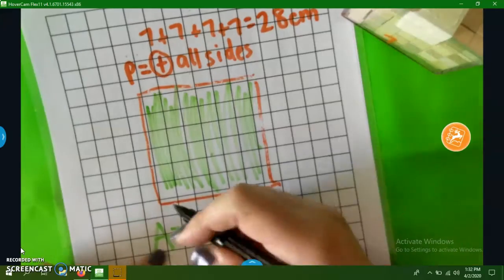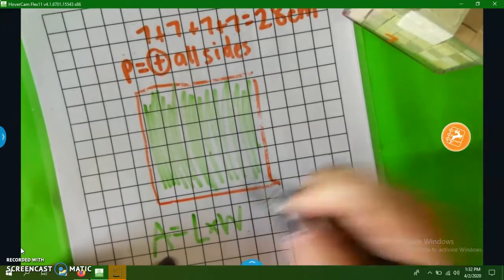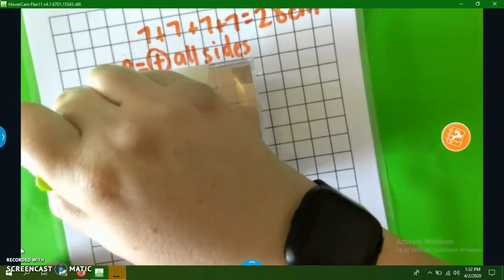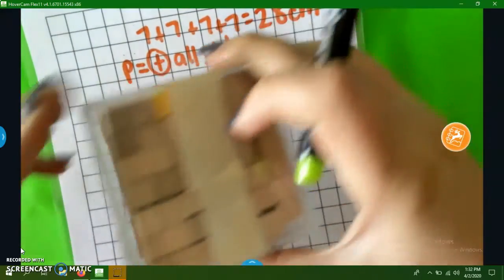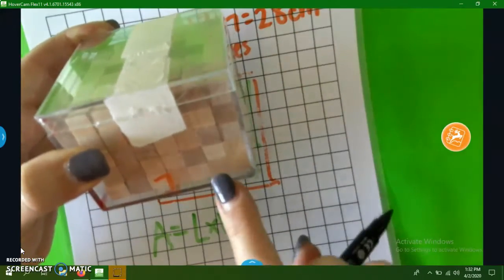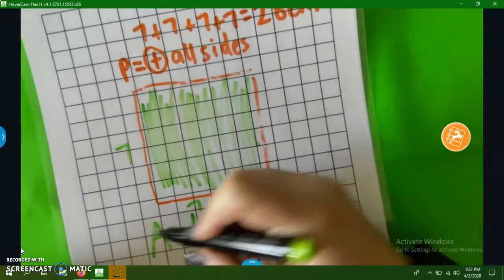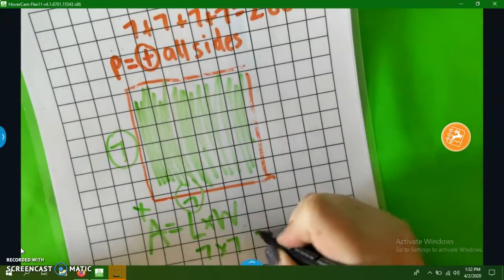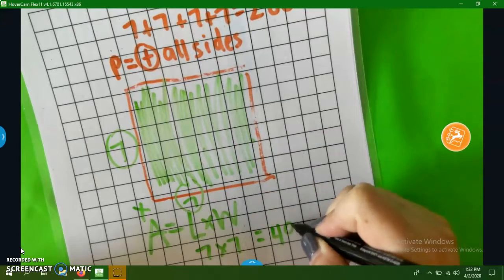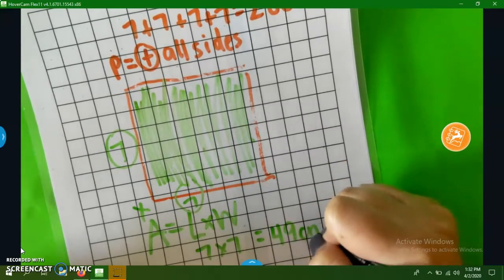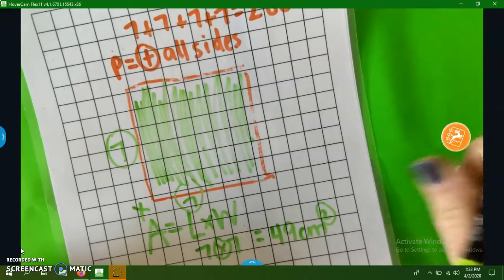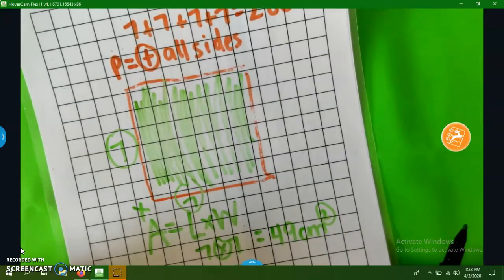So the area is still going to be length times width, because it's a square and not a tricky triangle. Since it's 7 on this side and 7 along this side, 7 times 7 is 49 centimeters squared. We multiplied two things, and we have a little squared symbol to show that on area.